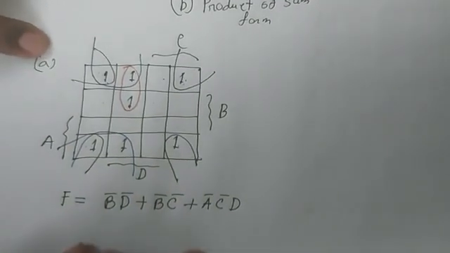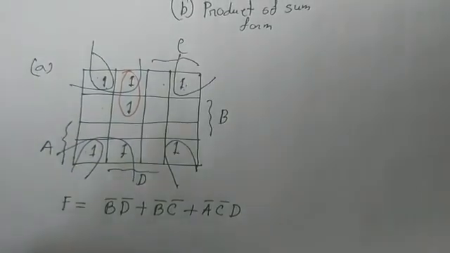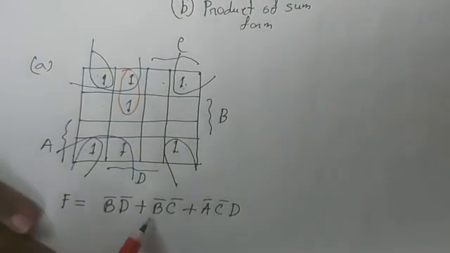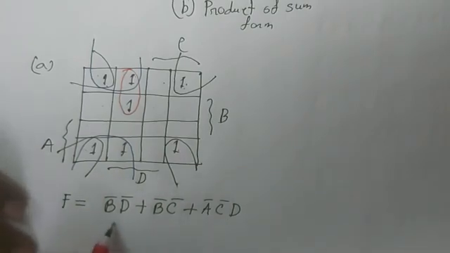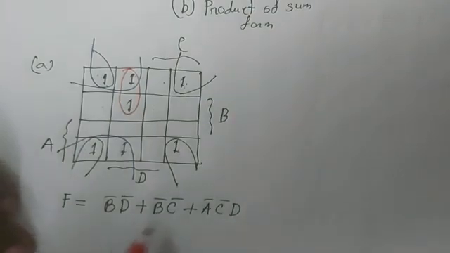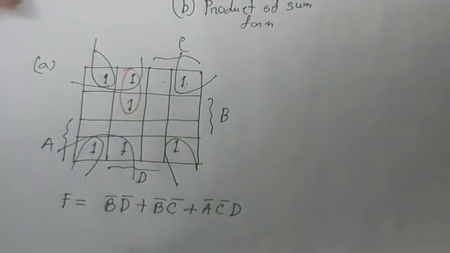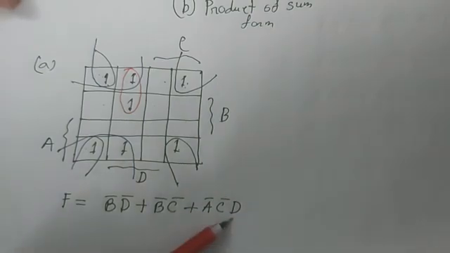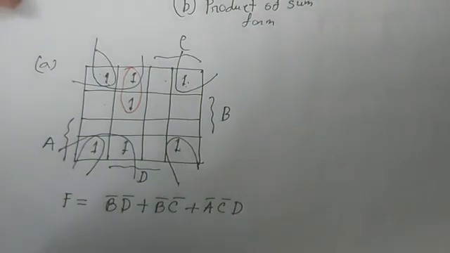This is the normal way we solve a K-map, and we always get the result as a sum of product form. If you got this result, then you have done it correctly.